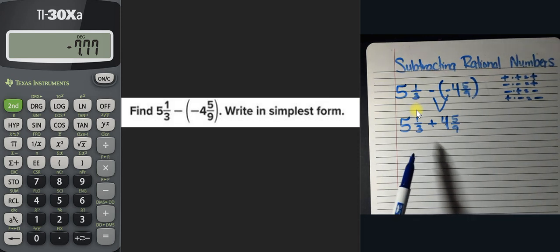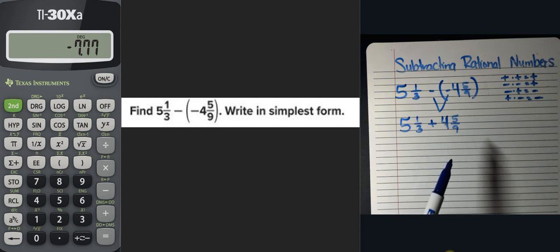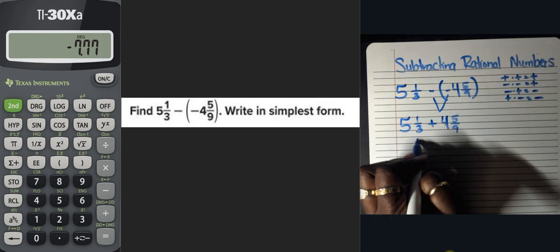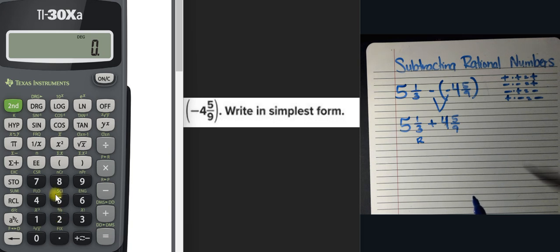Now, the next thing that we need to look at is our fractions. Do we have terminating decimals? Do we have repeating decimals? So I know my thirds, and I know that thirds are considered to be repeating, right? So we definitely need to convert this into fraction form if we want the most accurate answer. 5/9 I think is also a repeating decimal as well, but let's see.